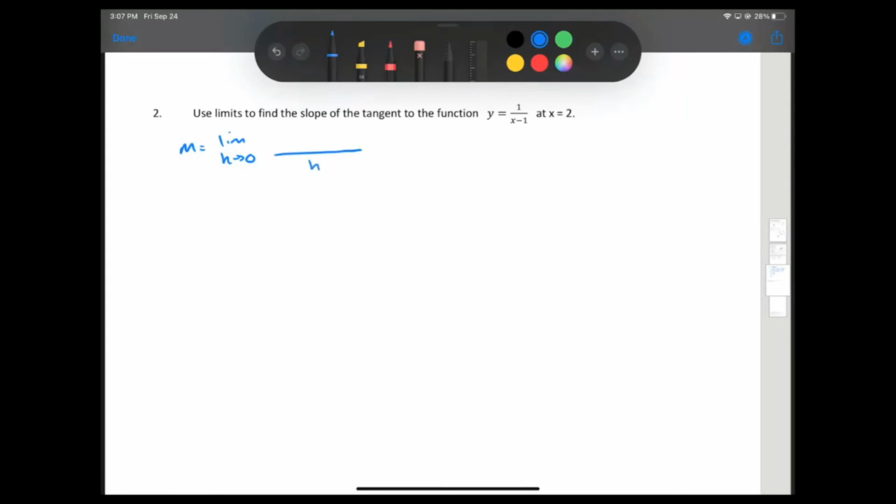The bottom of the formula says h. The top of the formula says f at a plus h. So this is going to be 2 plus h in this case. So this will be 1 over 2 plus h minus 1. And then subtract f at 2, which is 1 over 2 minus 1.